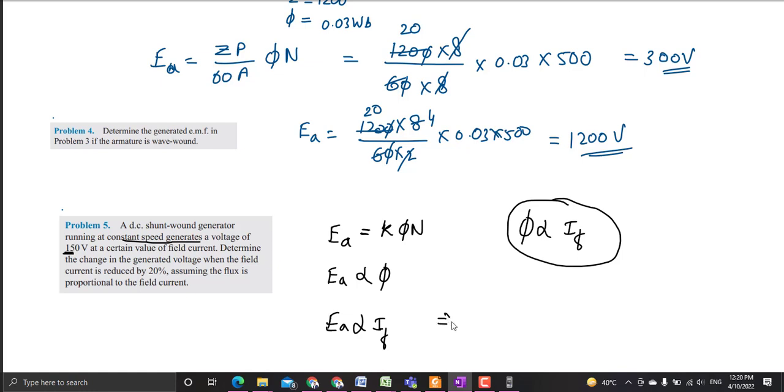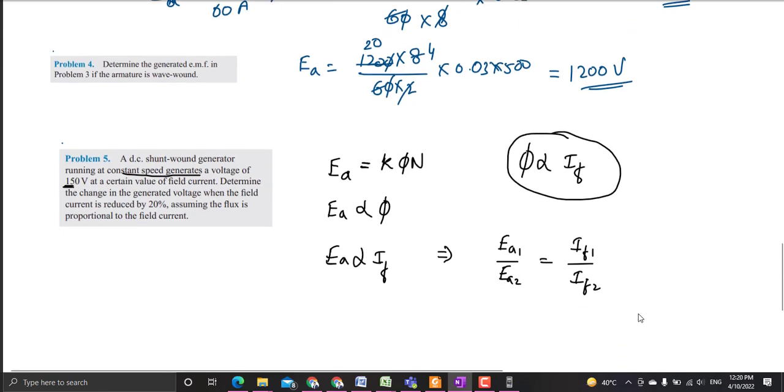Because of this proportionality, we can write EA1 by EA2 is equal to IF1 upon IF2. EA1 is 150 volt at some certain value of field current IF.